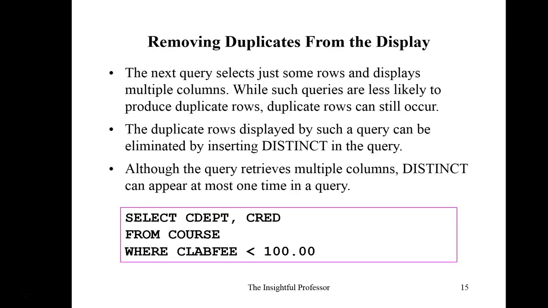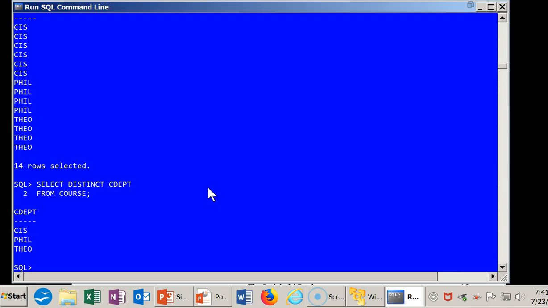Okay, now let's take a look at another query. Here's a query, still titled Removing Duplicates from the Display, but look at this. We're selecting a subset of rows rather than all the rows, so that decreases the likelihood that we would have duplicates. And furthermore, we're selecting multiple columns. Well, it turns out you can still get duplicates. Let's select Department and Credit where the lab fee is less than 100.